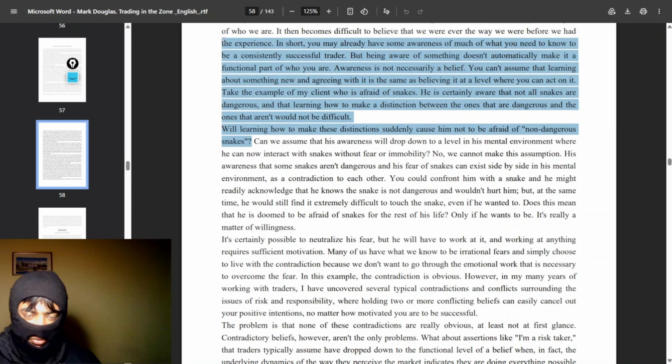Guys, throughout these pages we were learning about the friend who was afraid of snakes. Right now I found a gem. What he's saying is that we can make a distinction ourselves about which snake is dangerous for us and which is not.